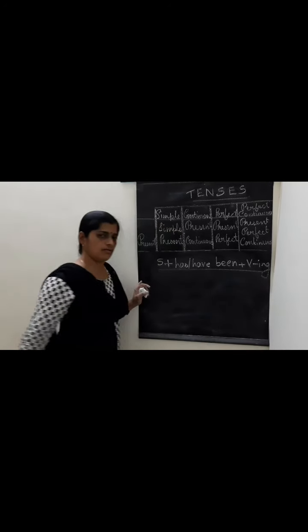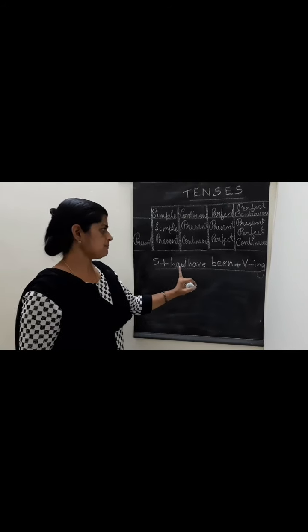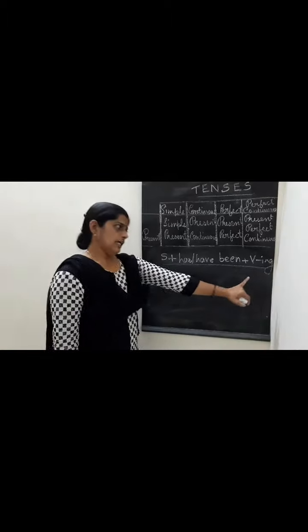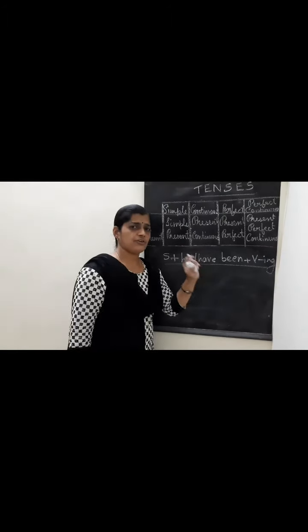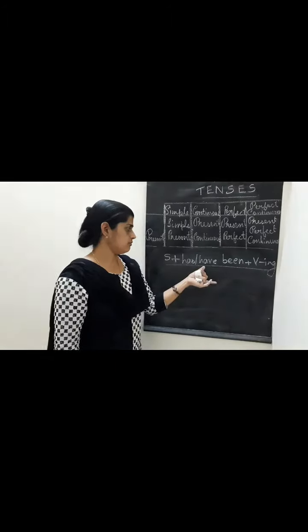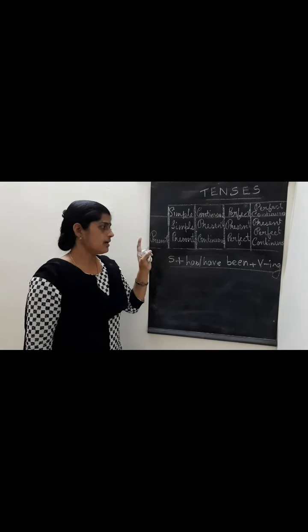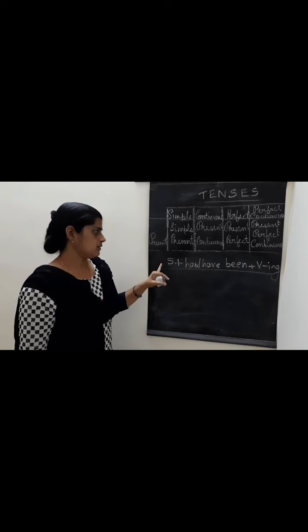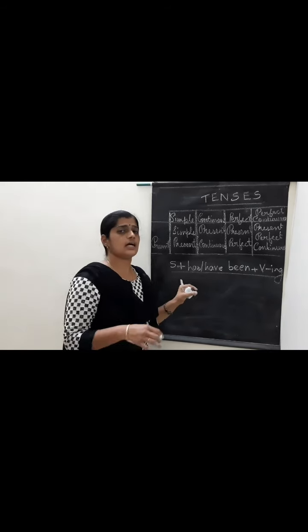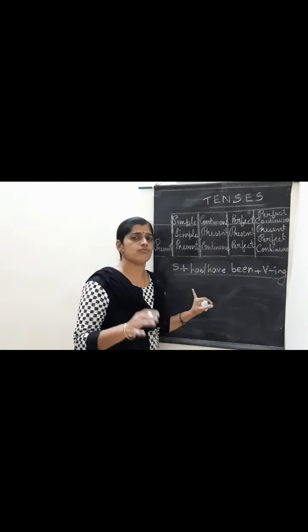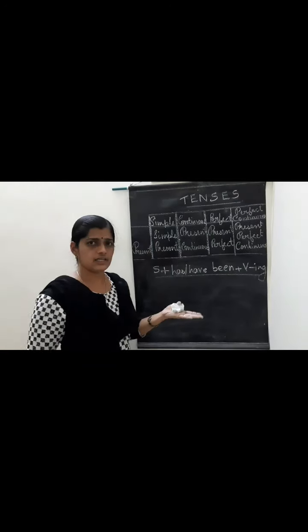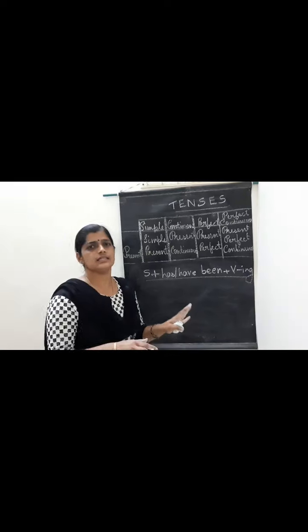This is used to refer to an action which has already begun and is still continuing. For example, I have been studying in this school for 5 years. So I started studying here 5 years before and I am still a student here.